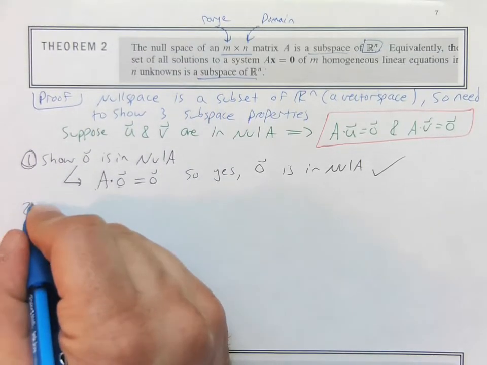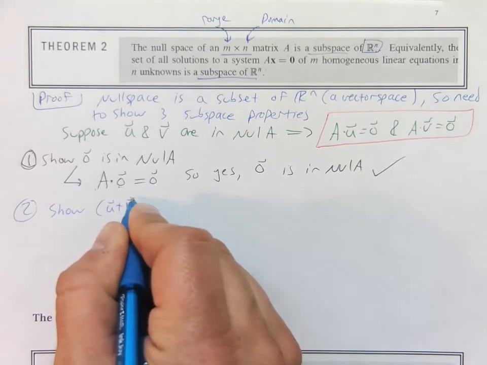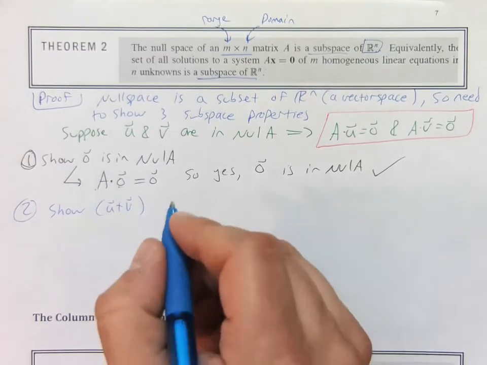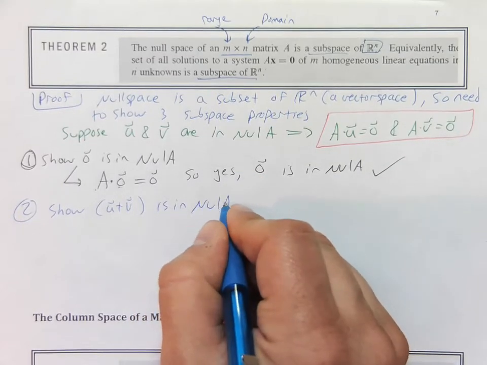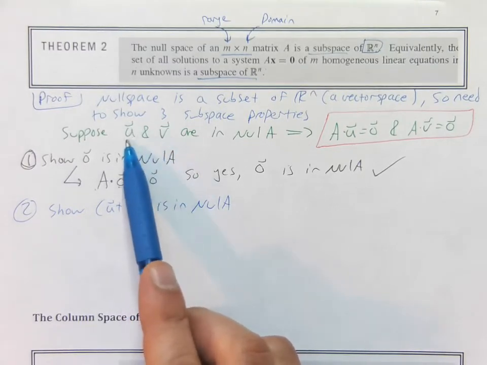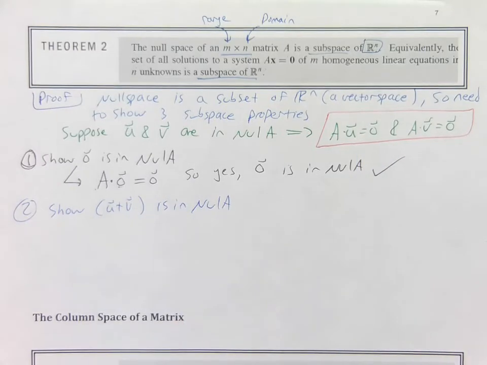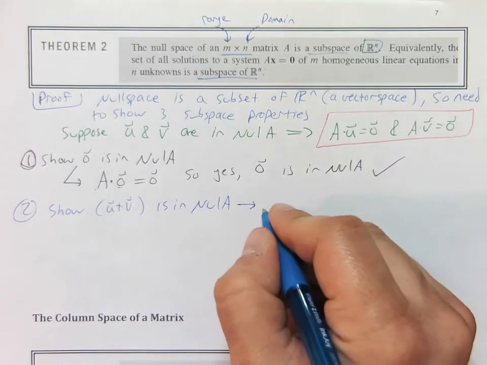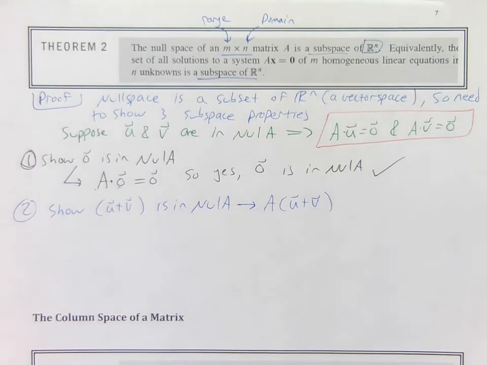Property 2 says we should be able to show that u plus v, when we add two arbitrary vectors that are already in the null space separately, is also in the null space. U and v are in the null space separately by assumption up here. So let's show that the sum is also in the null space. Let's take u plus v and multiply it by A, and we want to show that it equals 0.